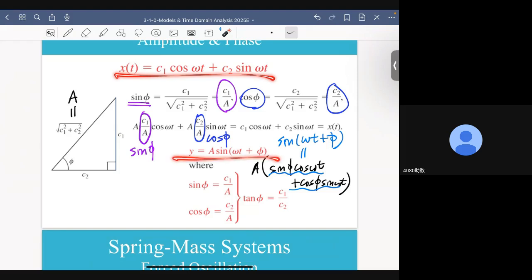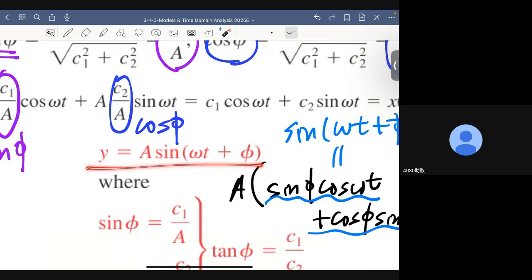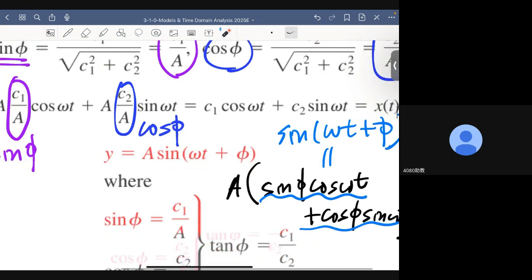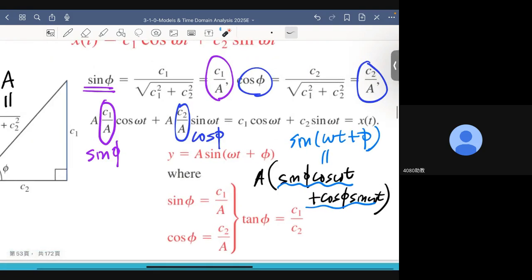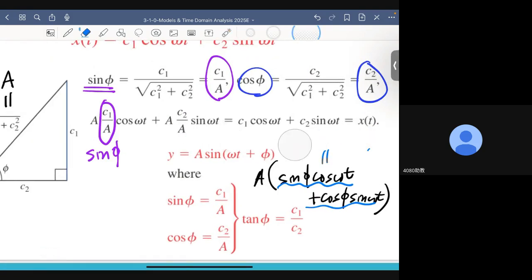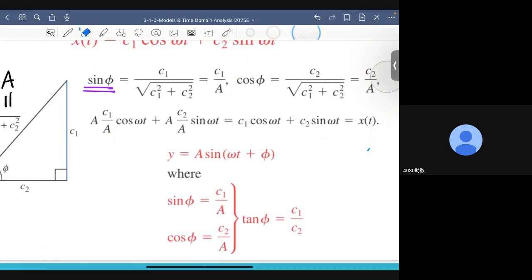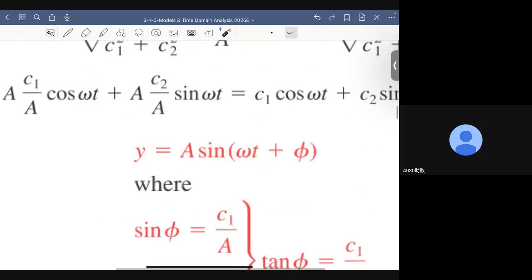Okay, so why do I want to do that? Because by doing that, we can represent simple harmonic motion in a more meaningful way of representation. Why do I say that? Because if we look at this representation, it actually has three important parameters.